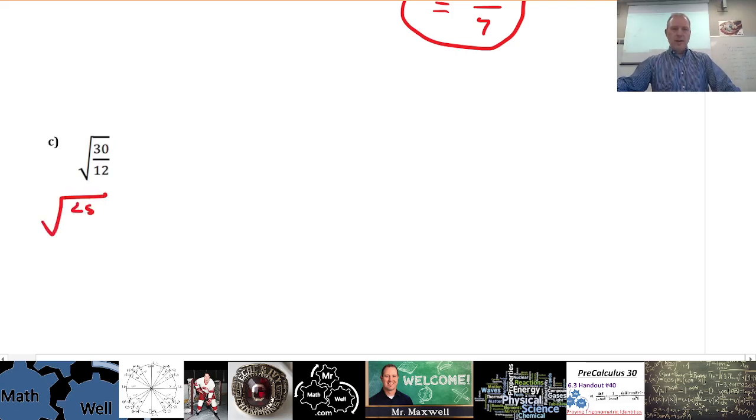Okay, so root 25 and root 9. So that's going to be about 5 over 3. Okay, that's what that one's going to be. And above, if we think about that, that's going to be 36 and 16. So that's going to be 6 over 4. Or 3 over 2.